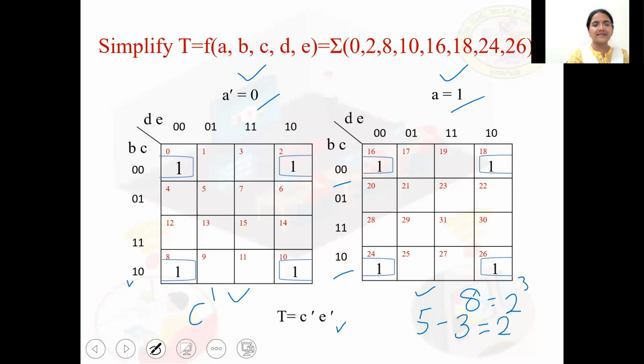Next, these columns are also logically adjacent, so with 00 and 10 the variable D is changing. So we eliminate D and keep E, so E bar. What is the term? C bar E bar. This is the term we get when simplifying the minterms 0, 2, 8, 10, 16, 18, 24, 26.